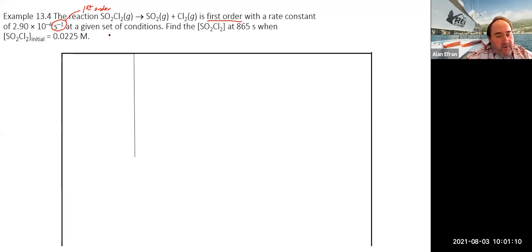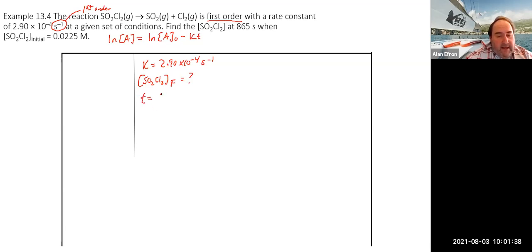Since this is first order, we use the first order equation: natural log of A equals natural log of A naught minus k times t. We have k given to us, which is 2.9 times 10 to the minus 4 reciprocal seconds. We want to find the final concentration.